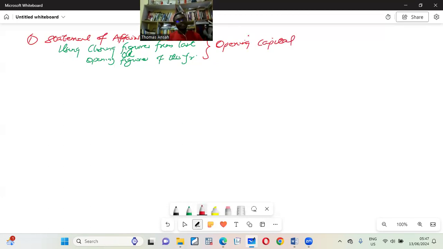Then the next thing you do, step 2, is to draw up your cash book, as we learned from the journals and day books. This may be a 2-column cash book or something. When we do this, it helps us obtain our cash balances.